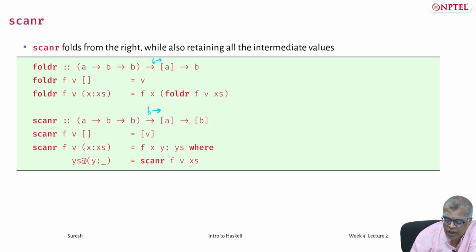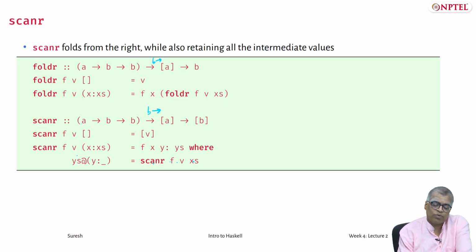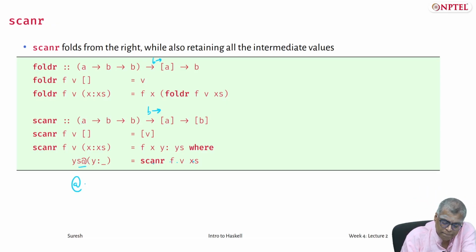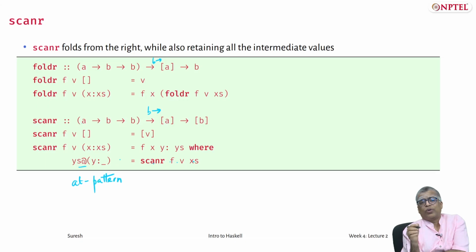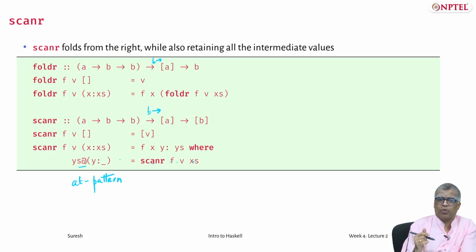So scanr f v (x:xs) is nothing but f x y : ys, where ys is the result of applying scanr f v on xs. Okay, and notice here we use this at pattern. This is a way to refer to the same thing in two different manners. I want to refer to a list ys, but I also want to name the first element of that list. So I will say ys@(y:_), because I do not care about the tail of that list.